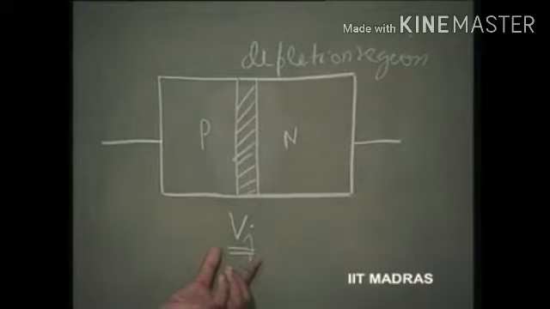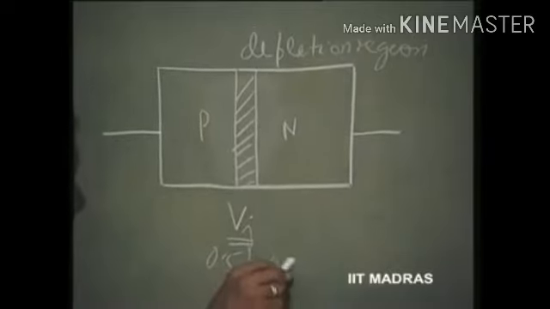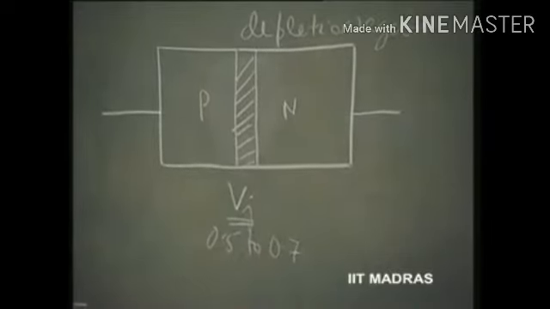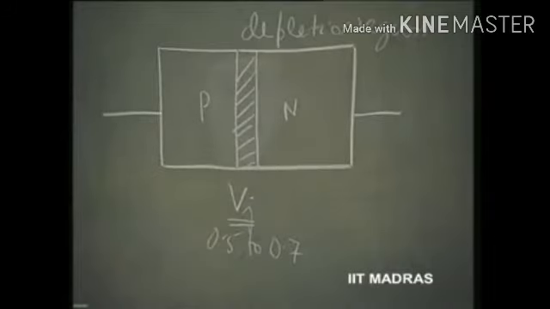There is a deviation from it. It starts conducting only when a junction potential of about 0.5 to 0.7 volts is applied, after which the current is unlimited. Until that time, current is negligible. So, this region where it is depleted of carriers is called the depletion region.